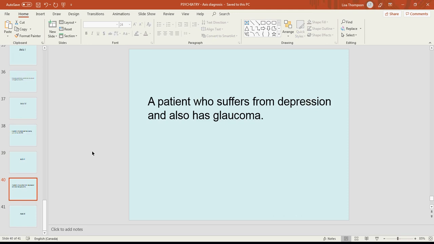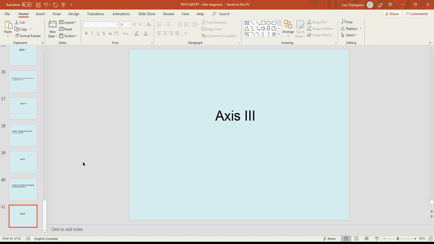Okay, a patient who suffers from depression and also has glaucoma. Which axis? Well, let's see. Axis 3. So whoever said Axis 3, you're correct.